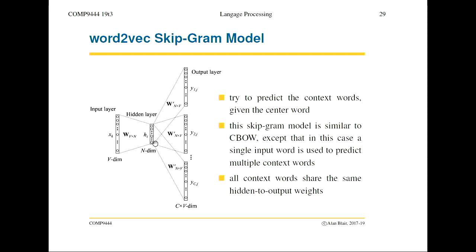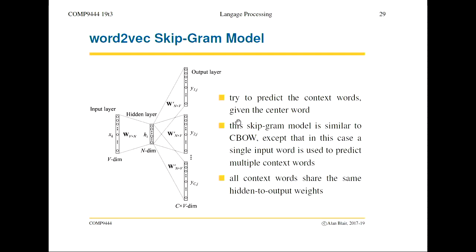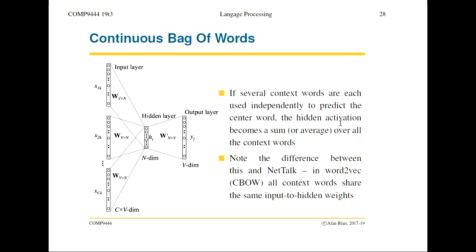Or alternatively, we could feed in the middle word and then try to predict all of the 10 surrounding words individually. So these two methods pretty much give the same result, but for implementation reasons, one of them may be faster than the other.